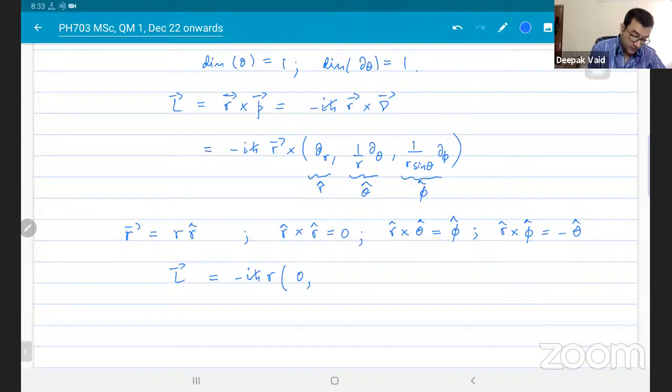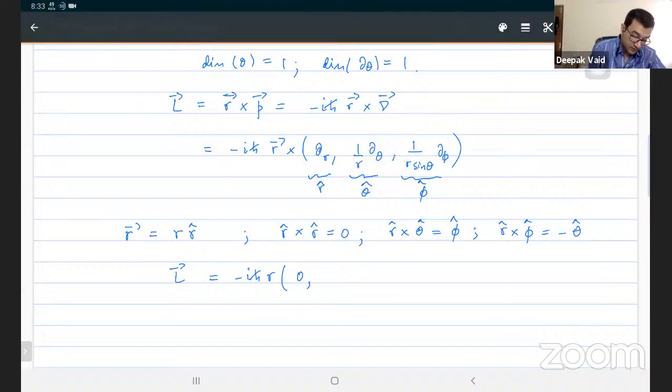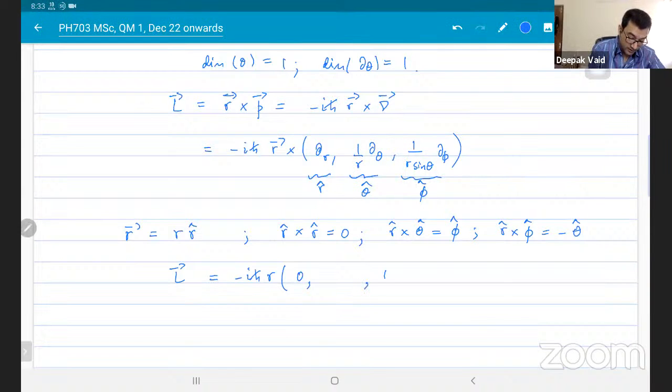r hat cross theta hat will give you the phi hat component, and the magnitude will be this 1 by r sine theta. So you will get 1 by r d theta, and the theta component will give you r hat cross phi hat, so you will get minus 1 by r sine theta d phi.